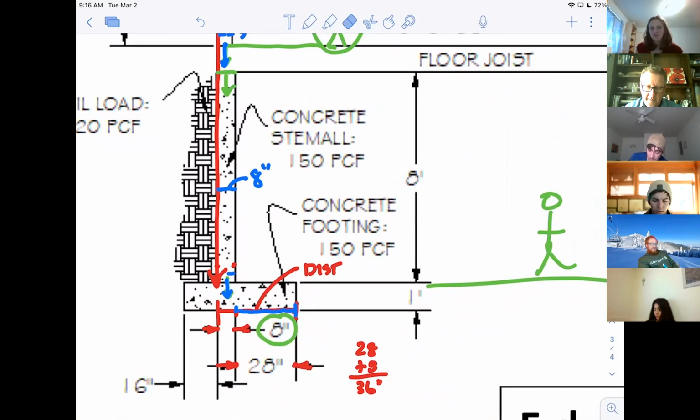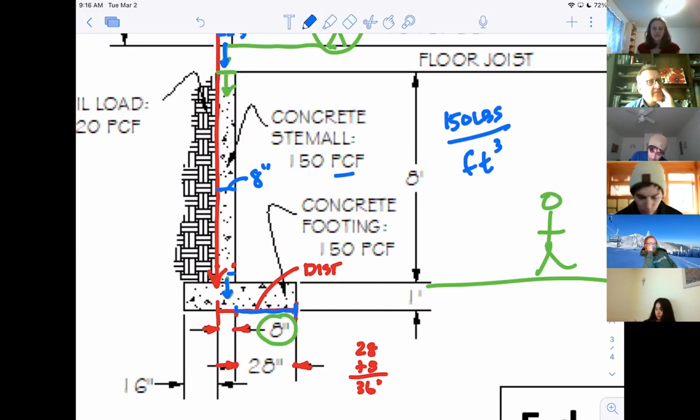So first it's weight. If concrete weighs 150 pounds per cubic foot, that's what the PCF acronym is for, pounds per cubic foot. Then in order to get pounds, does it make sense I'm going to have to multiply by cubic feet?